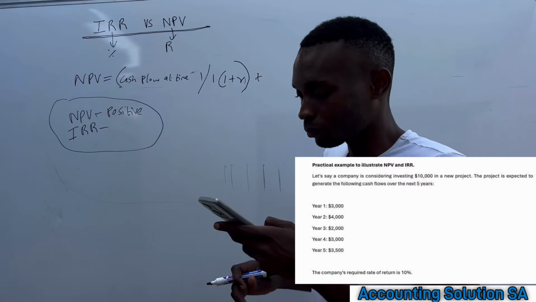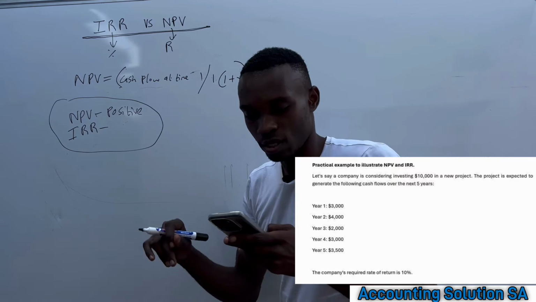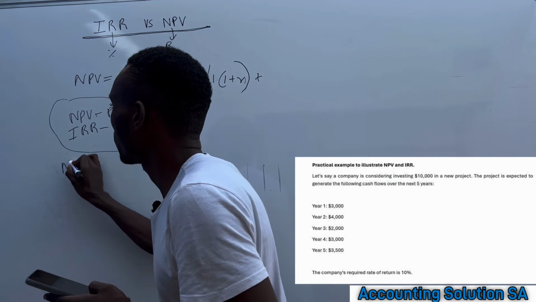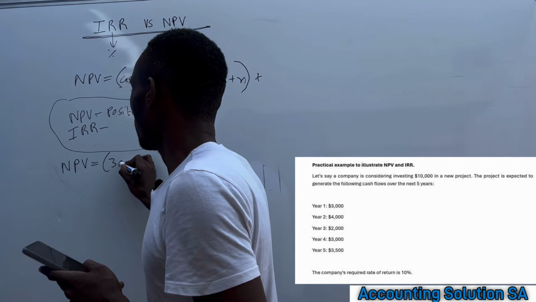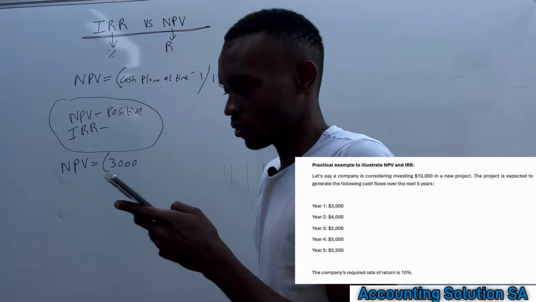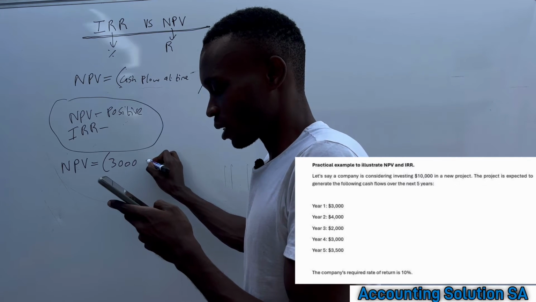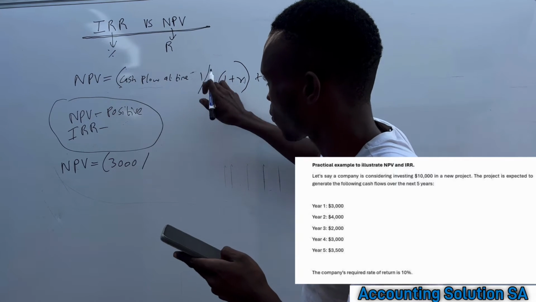Now, the cash flow at the time of year 1, they give us an amount of 3,000, which means we are going to say our net present value is what? So we are going to say 3,000, and we divide by, remember, the cash flow at a time of 1.